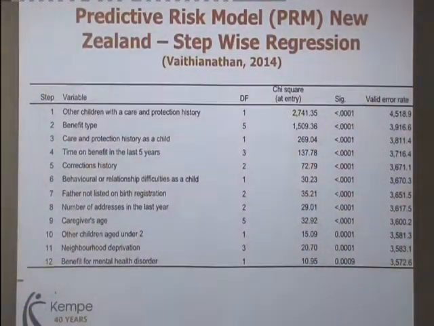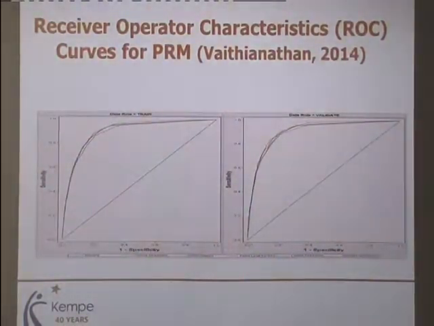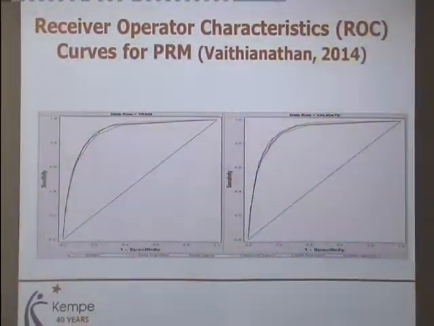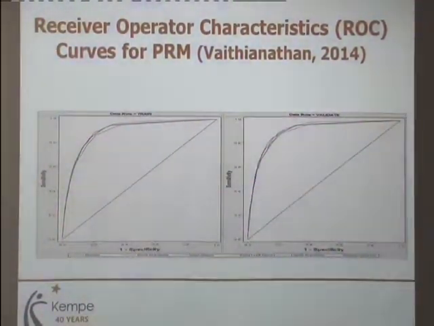predictive risk model. One of the advantages, especially compared to prior approaches to risk assessment, is that you end up with fairly high levels of positive predictive value. In other words, your sensitivity and specificity, as indicated by these receiver operator characteristic curves, are quite high.